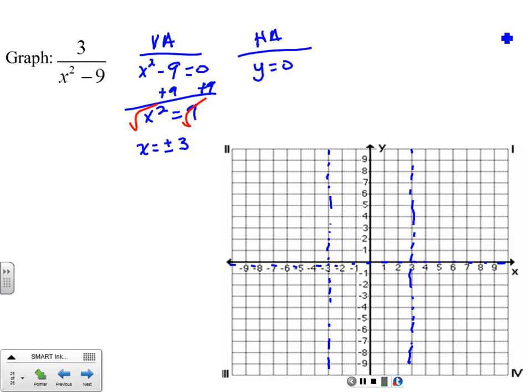If you look at examples 3 and 4, can you tell me what the difference is? There's two differences. In example 3, what do you have? What are you looking at? First of all, can you find a vertical asymptote for example number 3? What would the vertical asymptote be for example number 3 on page 512?